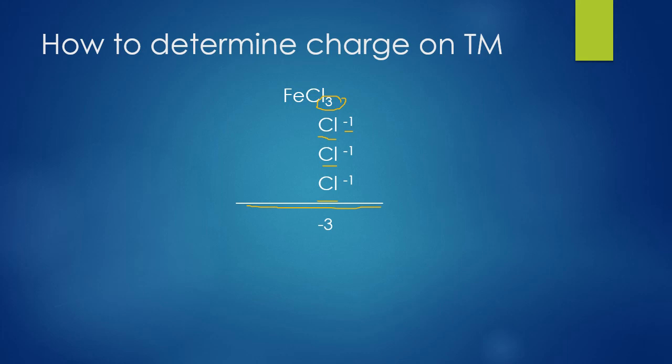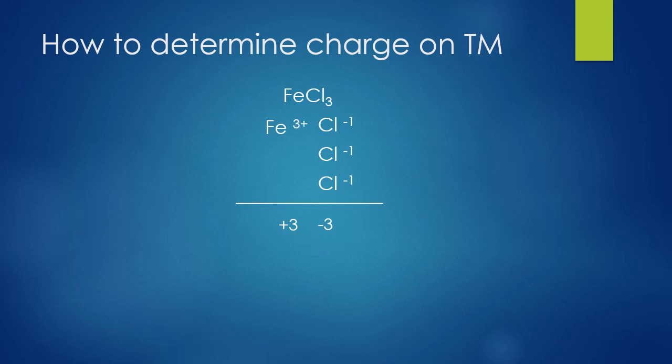I know it's neutral because there's no charge on it when it's in its chemical formula. So if I have a -3 charge on the anion side, what charge do I have to have on the cation side to cancel out that -3? I'm going to have a +3. So what that tells me, since there's only one iron atom, is that that iron is the +3 iron.